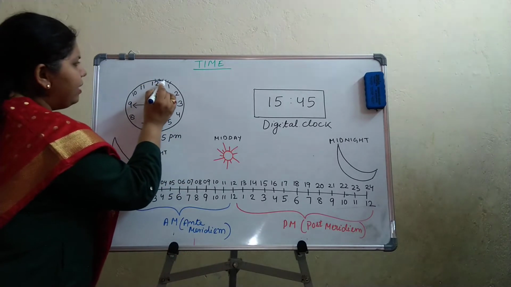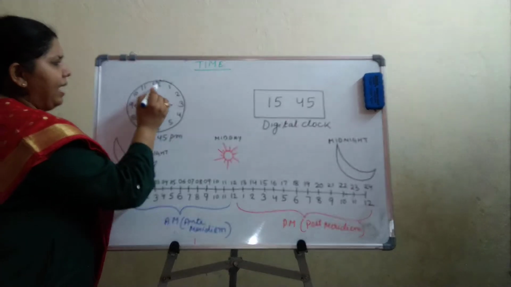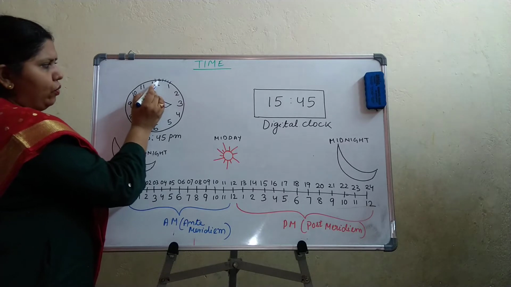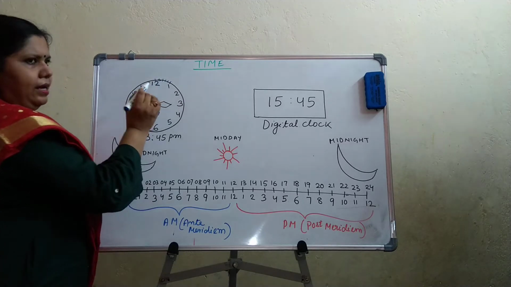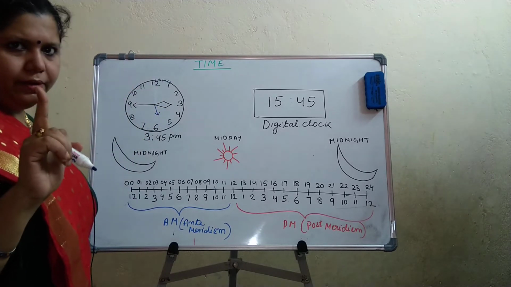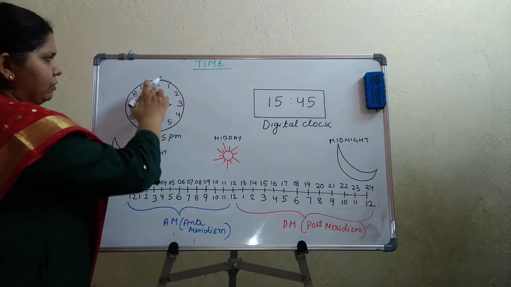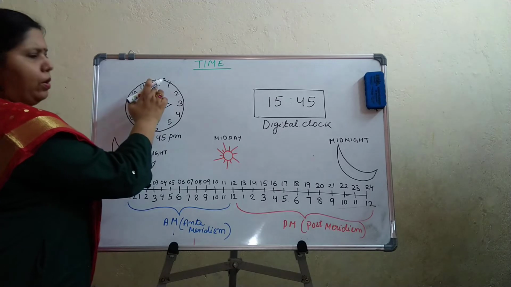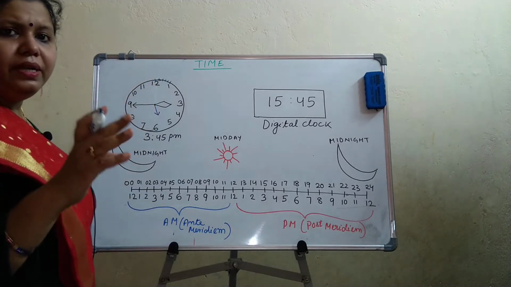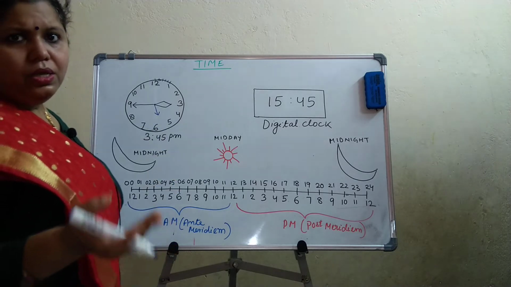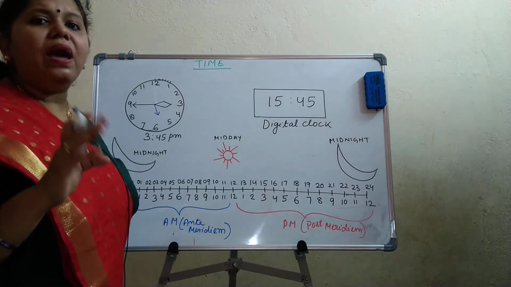Each division means the minute hand is moving, like from 12 it moves to the next division, then you have completed 1 minute. In this way it goes on. By the time it completes from number 12 to number 12 again, it has completed 60 divisions, which means 60 minutes. So 60 minutes means 1 hour.